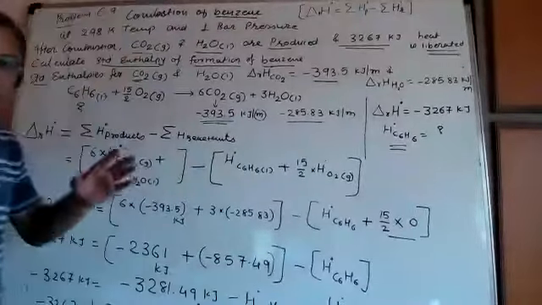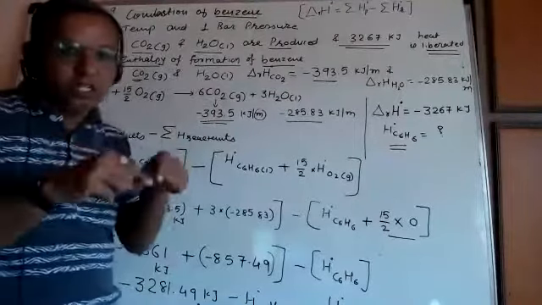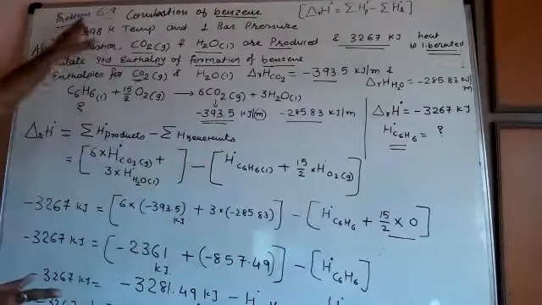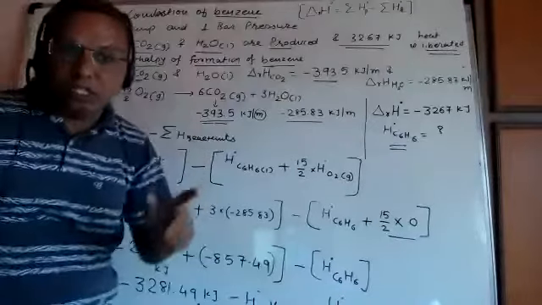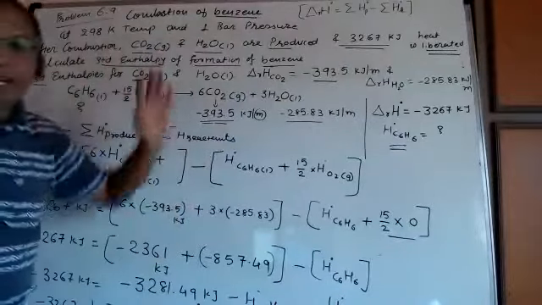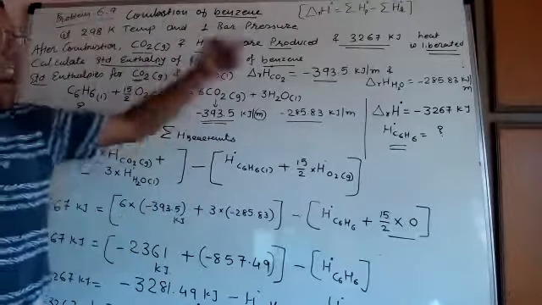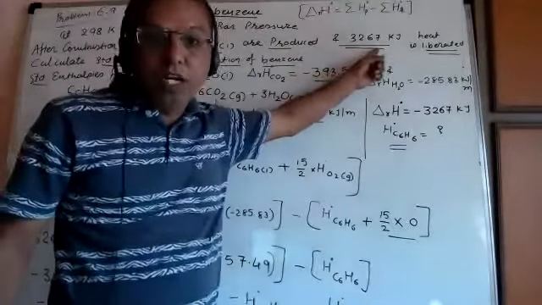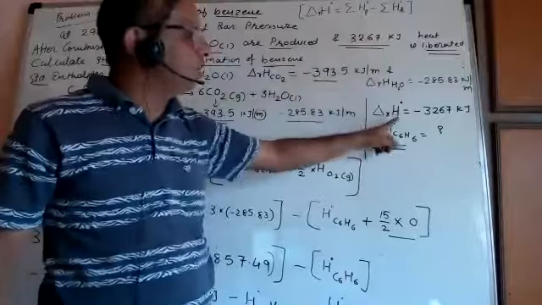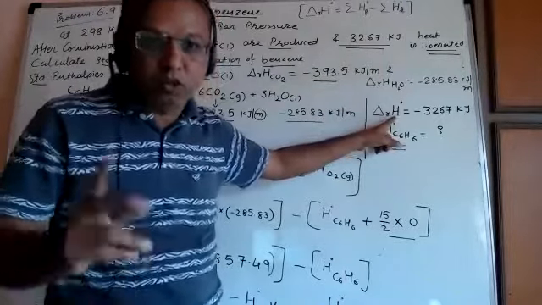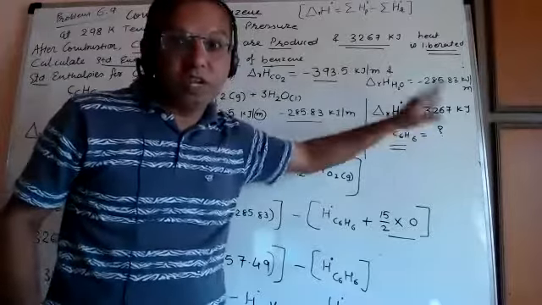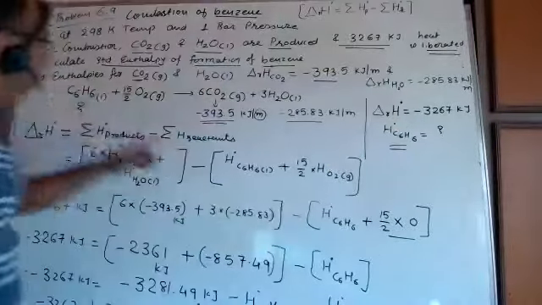Now please check it out. Once again I tell you the whole thing summary, please check it out. Problem number 6.9, combustion of benzene, the reaction is given, H2O and carbon dioxide are the products given, as well as the amount of heat liberated is also given. That is our total enthalpy change for the reaction, which is also given here, 3267 kilojoule, not per mole.